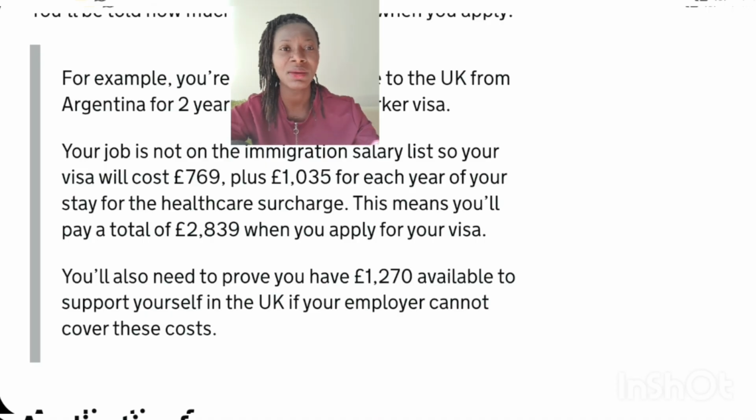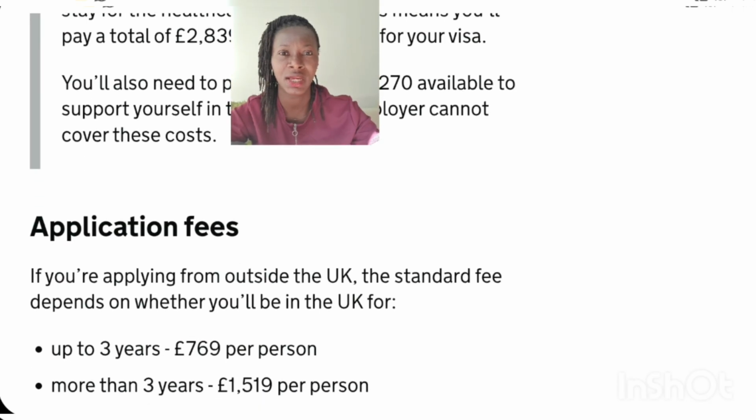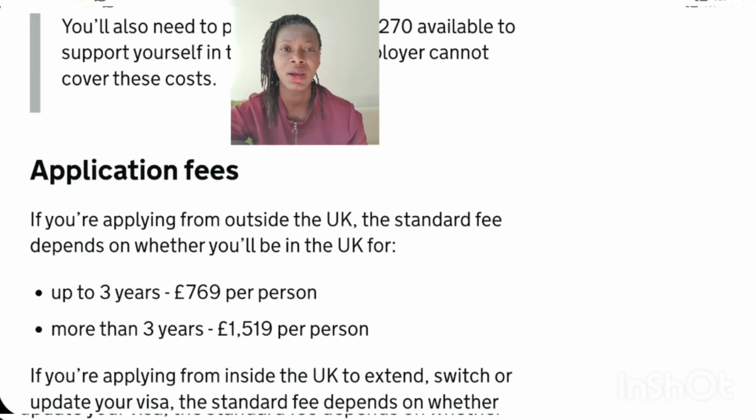So these are the three things I mentioned earlier. Now let's look at application fees. If you are applying from outside the UK, the standard fee depends on whether you will be in the UK for up to 3 years, which is £769 per person, or more than 3 years, which is £1,519 per person.